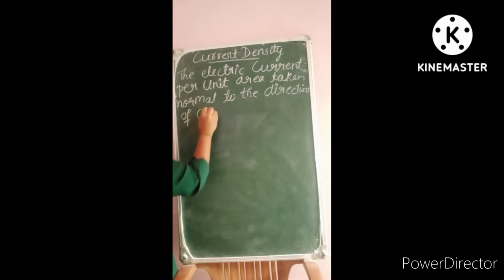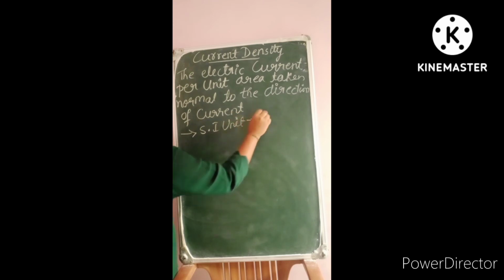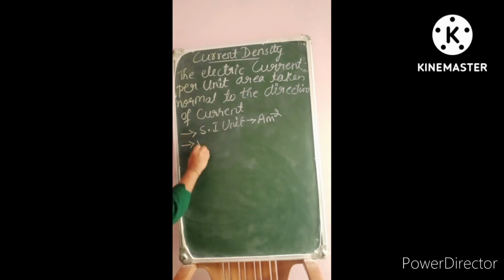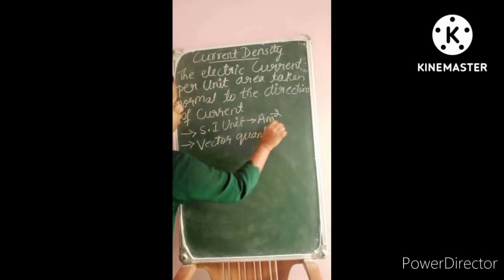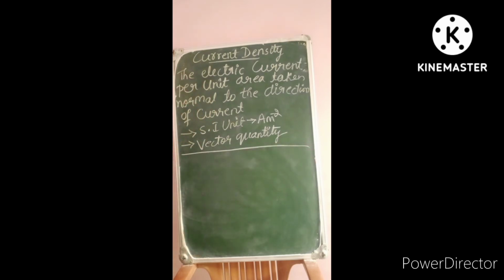The SI unit of current density is ampere per meter square, and it is a vector quantity.